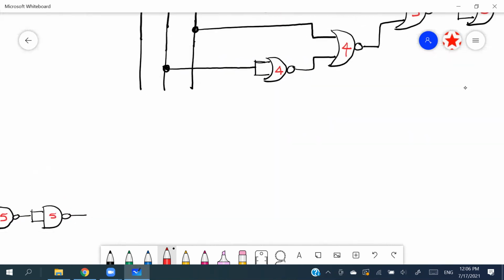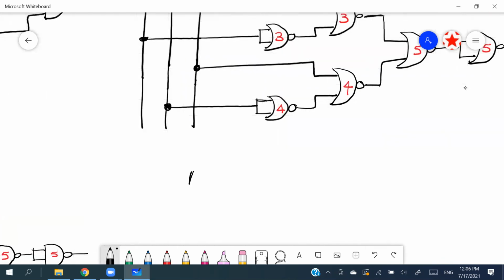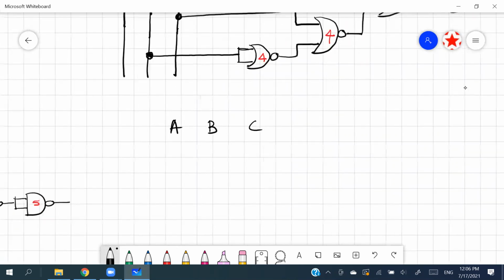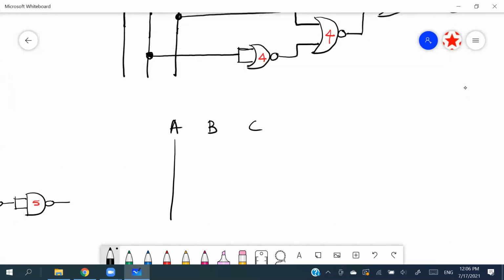Right, so it's going to be A plus B bar and B bar plus C. So we have A, B, and C. A plus B bar. Let me create B bar.